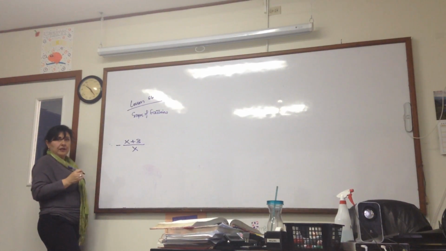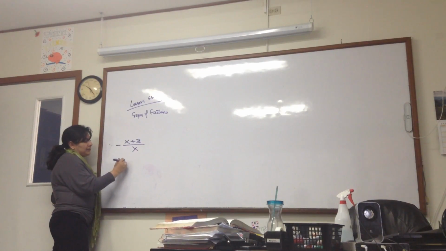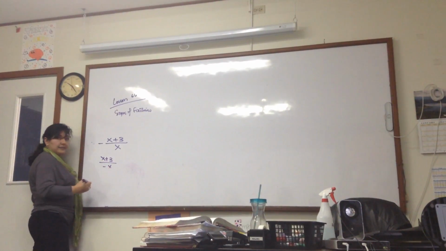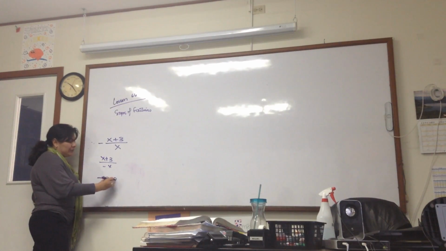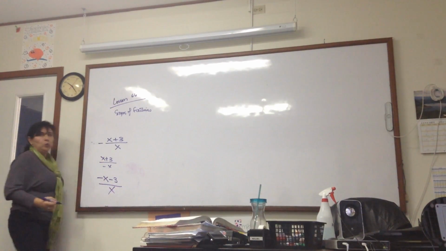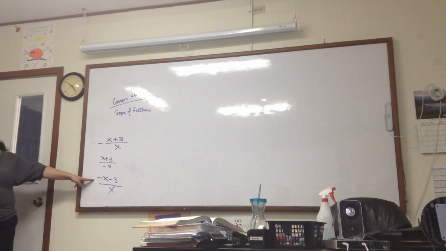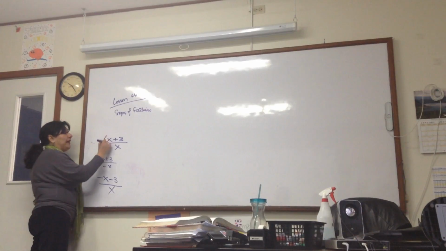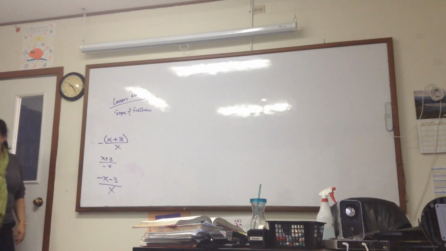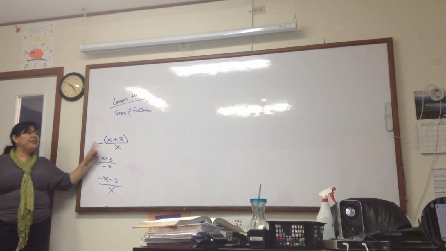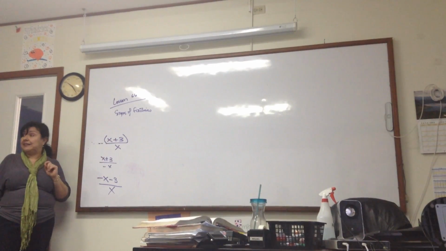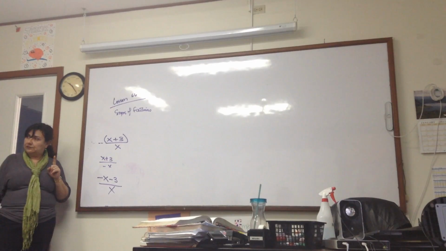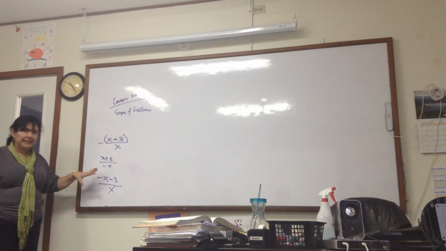This can either be x plus 3 over minus x, or it can be minus x minus 3 over x. Why minus x minus 3? Because I multiply it here. Even though there's no parentheses, I'm going to put them so that you know that this minus affects everybody at the top, not just the minus x. Is that clear?